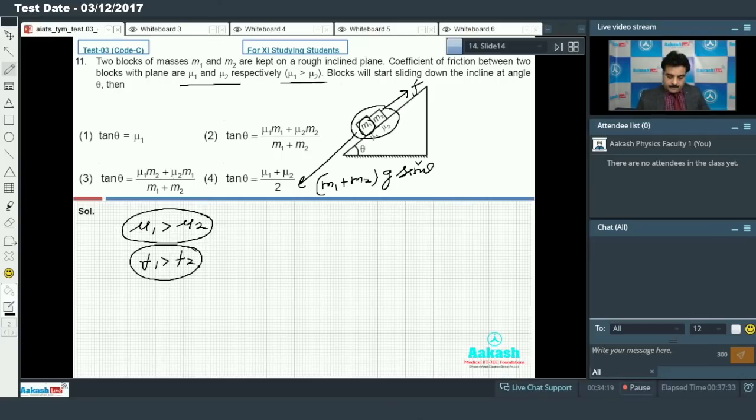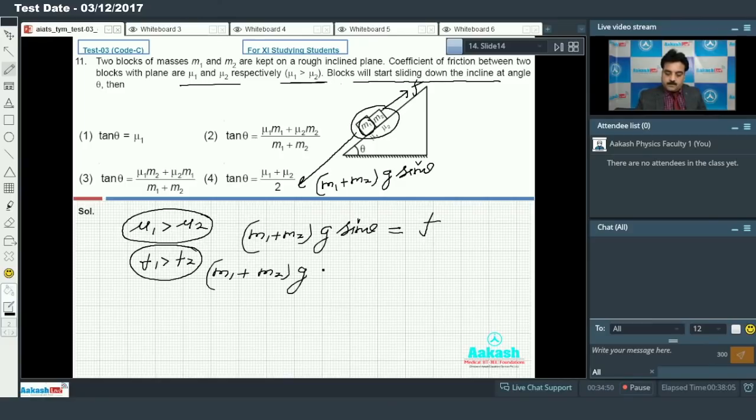So m1 plus m2 into g sin theta is the force acting in the downward direction, and that is equal to the total frictional force, because the question says the blocks will start sliding down, and that is possible only if this is equal to the total frictional force, right?